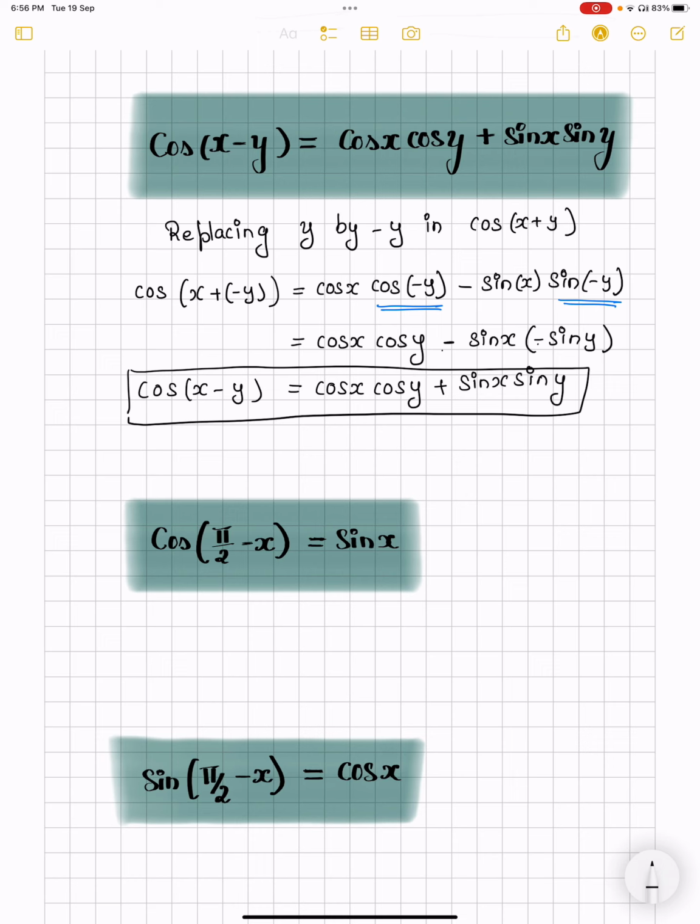How to prove this? It is in the format of cos of x minus y. We have just now proved that formula, so I'm going to take help of that.